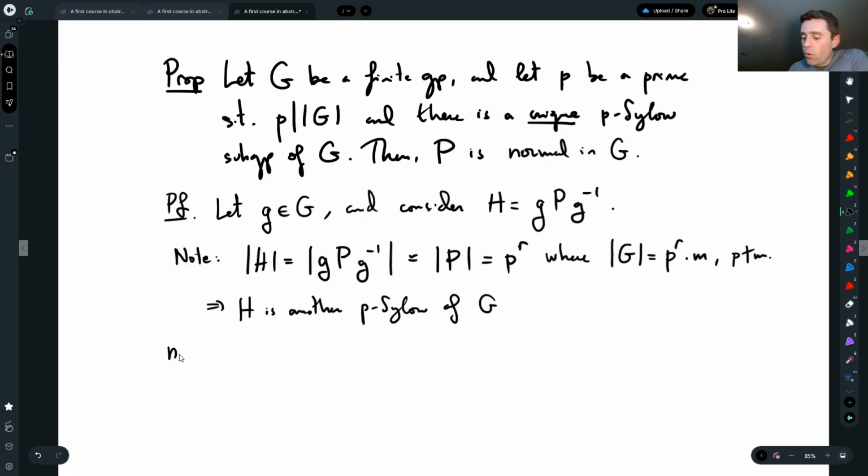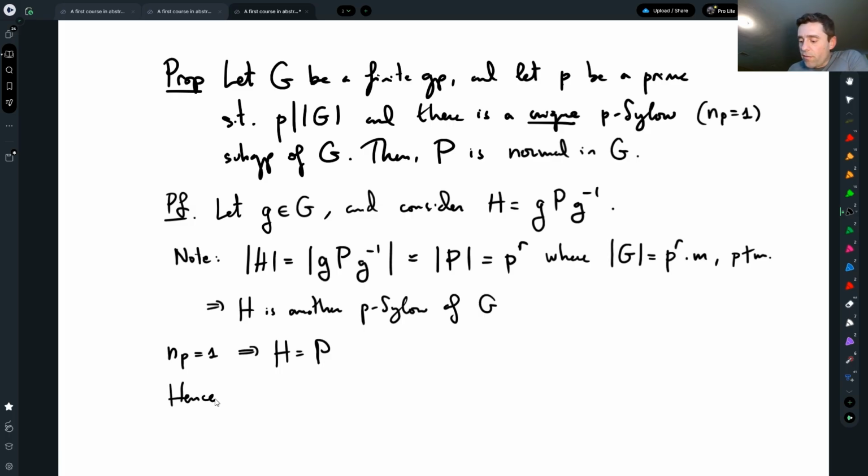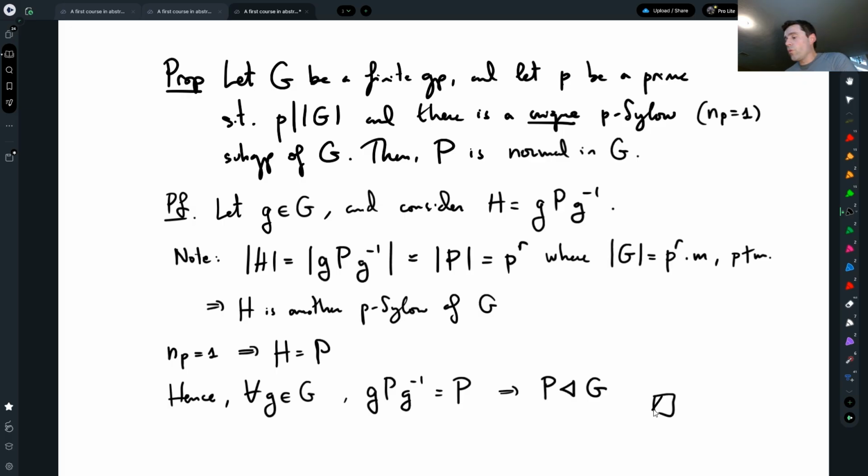So n_p being 1 implies, so that is what this condition says, is that n_p, the number of p-Sylows, is exactly 1, then H has to be P. Hence, what I've just shown is that for all g in G, we have that gPg inverse, the conjugates of P, is exactly P, and therefore that is one of the equivalent definitions of normality. So P is normal in G, like we wanted to show. So this is the fact that I've used a couple times in the previous proof.